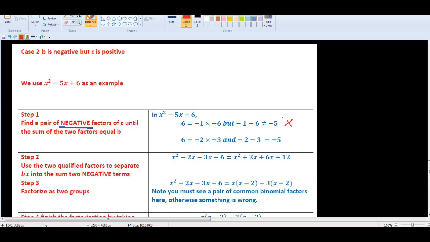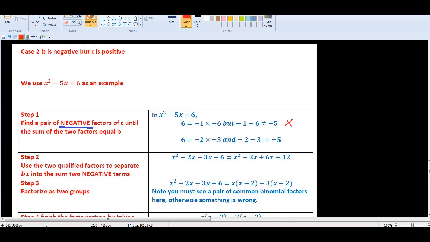No. Then you need to consider 6 as 2 times 3. Of course it's 6, but since the middle term is negative, you need two negative numbers. That would be minus 2 times minus 3.